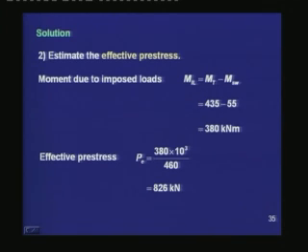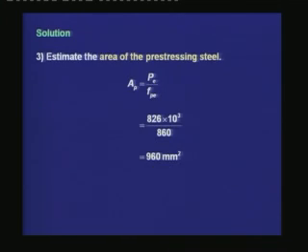The effective prestress is equal to the moment due to the imposed load divided by the estimated lever arm, which is 380 times 10 to the power 3 divided by 460, and this gives 826 kilonewtons. From the estimate of the prestressing force, we are estimating the area of the prestressing steel, which is P_e divided by f_pe. For this problem, f_pe is given, and A_p is equal to 826 times 10 to the power 3 divided by 860, equal to 960 millimeter square.